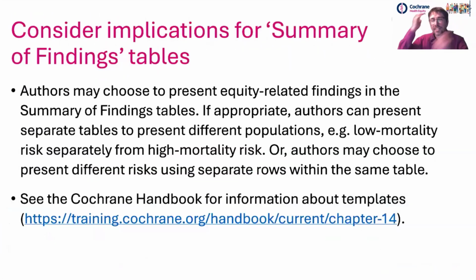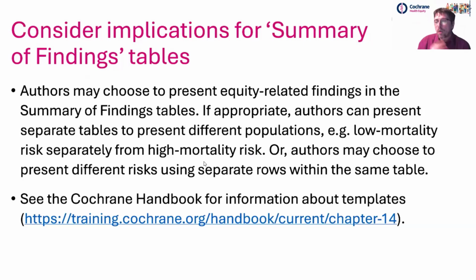As we know, the summary of findings is a very useful tool that we have in order to summarize the results of our review. Oftentimes, when a review has a particular objective to look into equity, it may be useful to think how you're going to organize the summary of findings table to more effectively unfold these effects on equity.